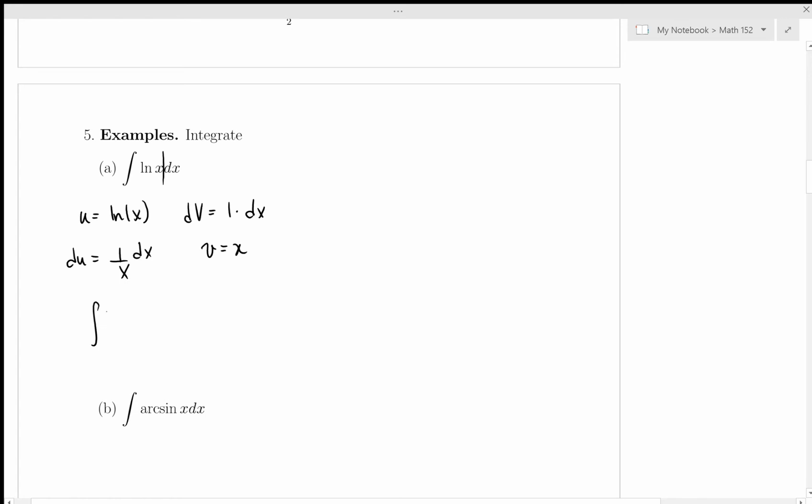The integral of log x dx is equal to uv, x log x, minus the integral of v du. Isn't that nice? That is just the integral of dx, which is simply x. So this then becomes x log x minus x plus a constant.